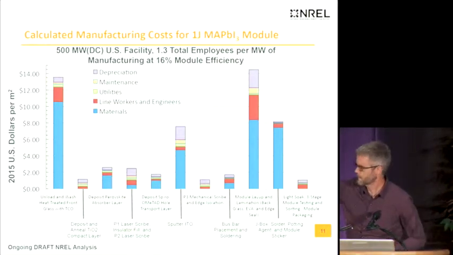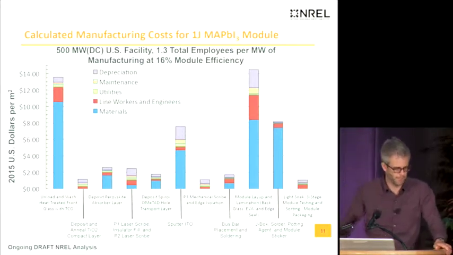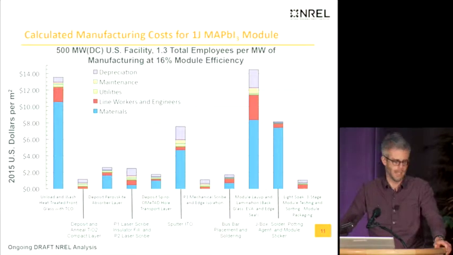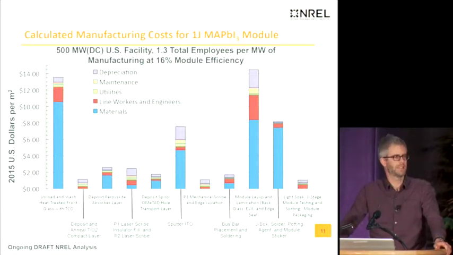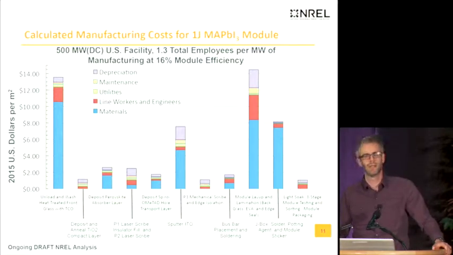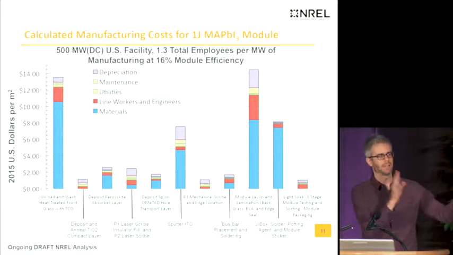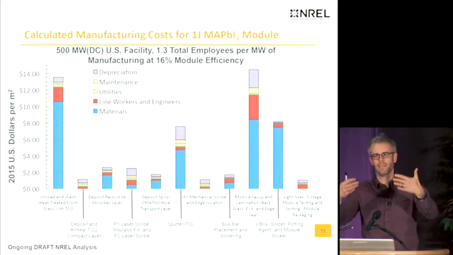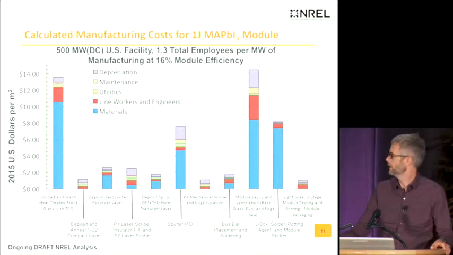And then in the center, you see the costs that we're thinking it will be for the perovskites. The bottom line is that it should add about $14 per meter squared if you already had a silicon panel and you're adding these perovskite layers to it.